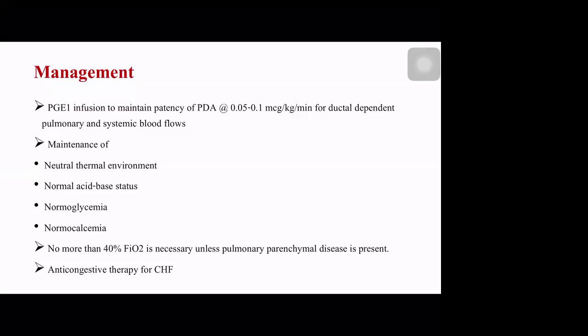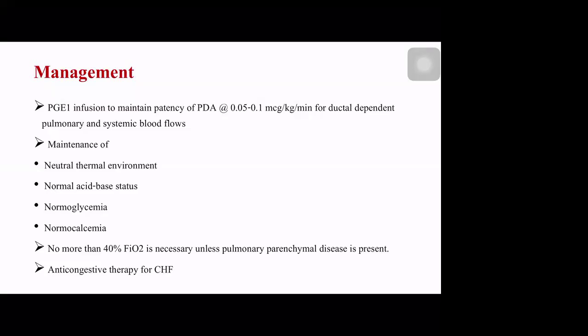Now, apart from that, we have to maintain the neutral thermal environment, normal acid-base status, normoglycemia and normocalcemia, because any situation which is going to close the PDA after birth is placing the patient in further complication.